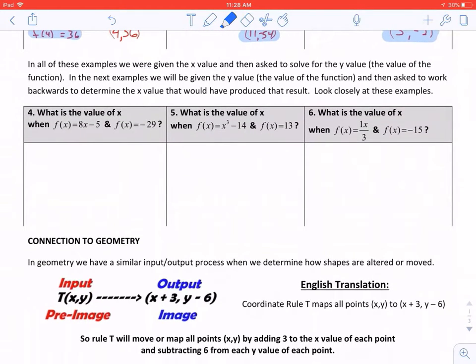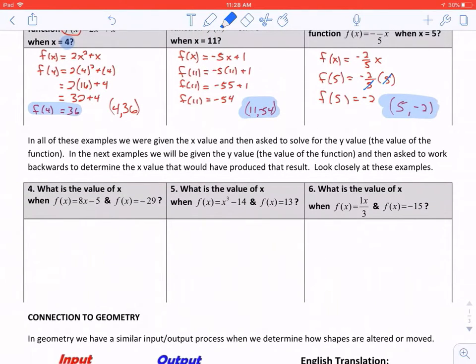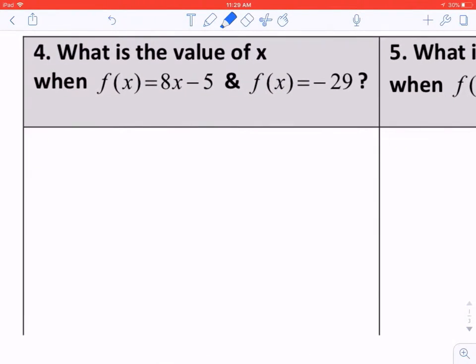As it says in all these words here, in the problems that we just did, we were given an x value. We had to find the y value. Well, there's going to be times where you're given a y value and you have to find an x value. Just want to remind you again that f of x is the same thing as y. This is saying y is negative 29.